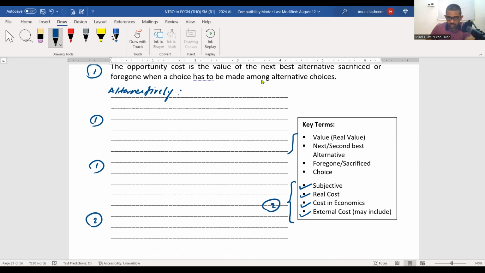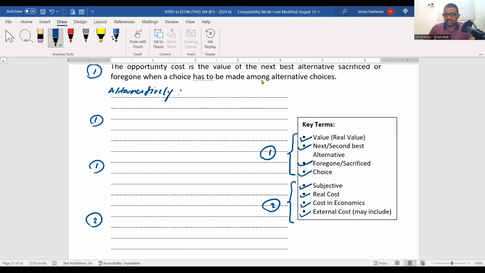In the first part of the definition, where you guys are given several options, we have included these key terms, where we look at opportunity cost as a value, which we will learn is a real value, of the next or second best alternative foregone, right?